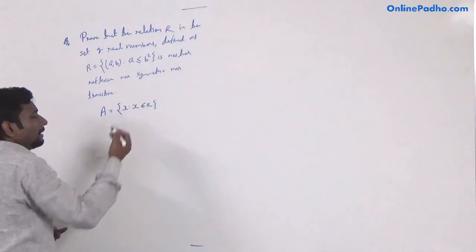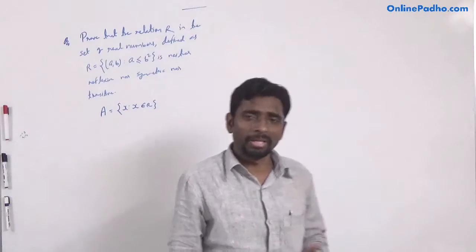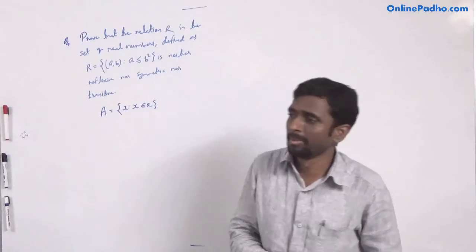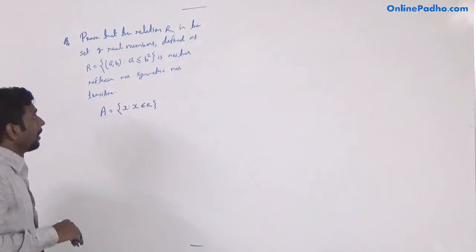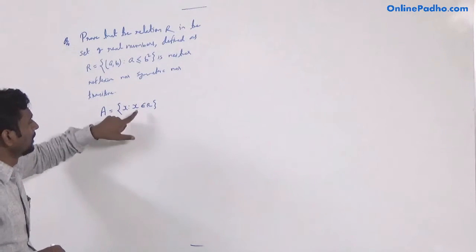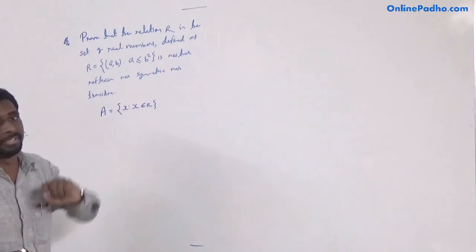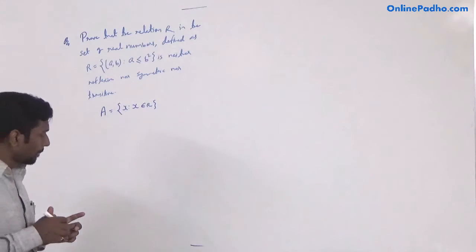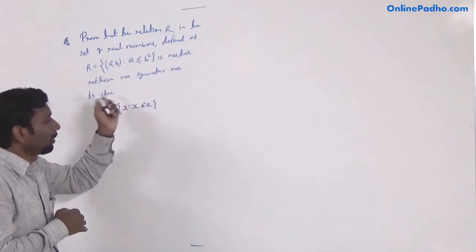Either we can take an integral value or a fractional value, either positive or negative, no problem. So in the case of real numbers, we have to write a real number for which a less than or equal to b square is not satisfied. This is a very simple question because it is given that this is neither reflexive nor symmetric nor transitive.